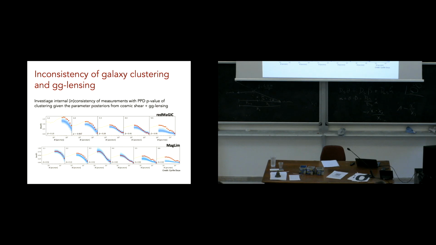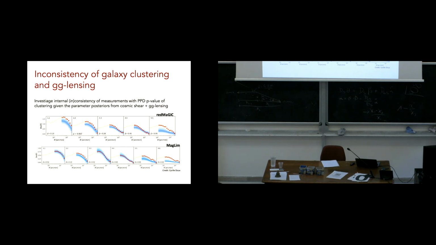In that cross-correlation, systematics that affect only one of the samples will basically average out, so this should be robust to most imaging systematics. You can clearly see that for the RedMagic lens sample, there's something really off, and our PPD conditioned on galaxy-galaxy lensing and cosmic shear does not agree with the data.